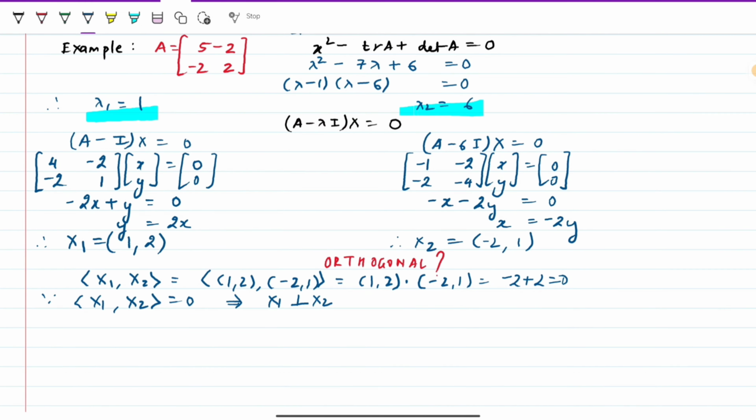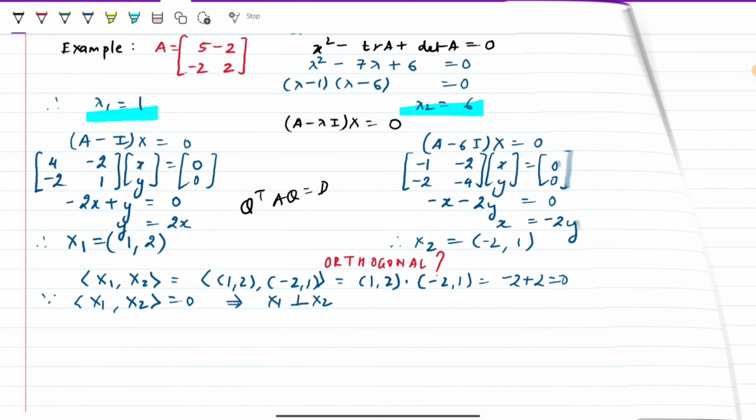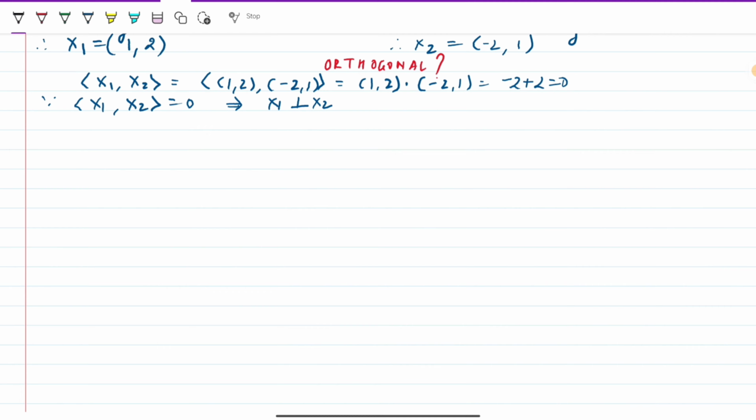Now the last part is to find the matrix Q for the expression Q transpose A Q equal to D. And this matrix Q is given by the normalized eigenvectors. So by that we mean we will be finding x1 hat, which is given by x1 divided by the norm of x1, and that is going to be the vector (1, 2) divided by its norm, which is square root of 1 square plus 2 square, and we get x1 hat to be 1 over root 5 and 2 over root 5.